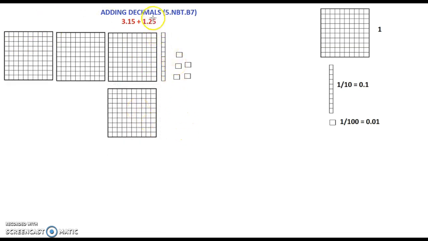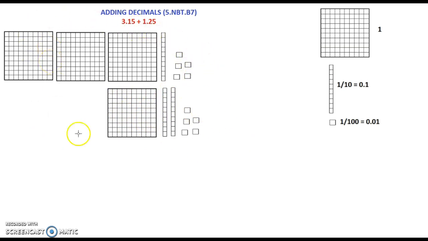I have 2/10ths, so I need 2 rods this time: 1, 2. And again, I have 5/100ths, so I'm just going to copy and paste from up there. So this model now represents 1 and 25/100ths.